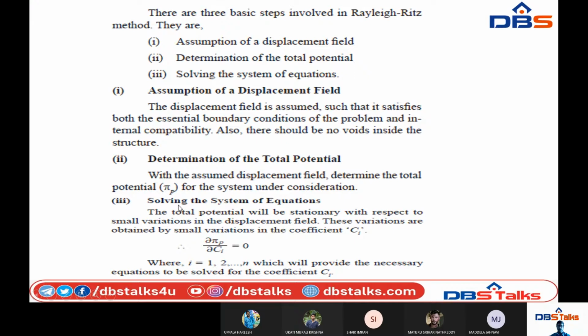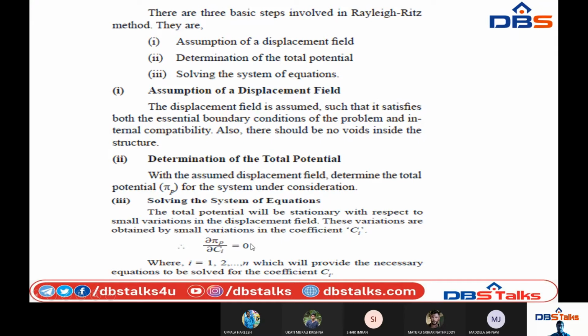After that, the third step is solving the system of equations. We have to solve by differentiating the equations. Pi p is the total potential of the particular problem, and Ci is the coefficient of small variations.